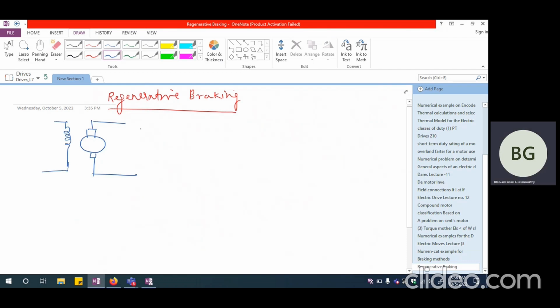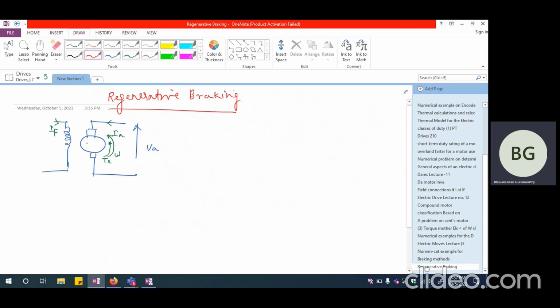When it is in motoring condition, I'm going to apply VA like this, and I'm going to have the current flow in this direction. This is going to be IA, and this is going to be IF. I'm going to have the rotation in this direction, so this is going to be omega, and the torque is also produced in the same direction. This is going to be TE.